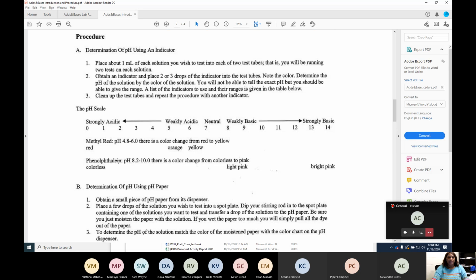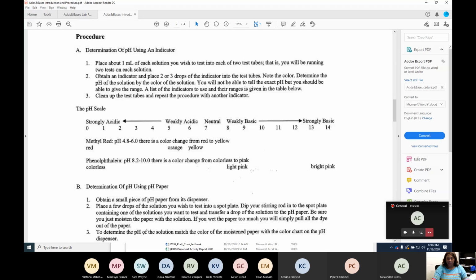Now your phenolphthalein, pH 8.2 to 10. You may experience a color change from colorless to pink, or hot pink, or bright pink, or purplish. If you get the bright pink or hot pink, then you're going to be somewhere between 10 and 13.